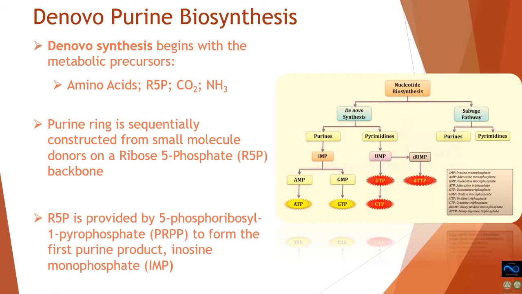Ribose 5-phosphate is donated by the HMP shunt pathway. This ribose 5-phosphate is directed towards the biosynthesis of nucleotides, and here particularly for the purines, by converting it into PRPP, 5-phosphoribosyl 1-pyrophosphate, which is the first product which is then directed to the synthesis of purines by synthesizing inosine monophosphate in the first phase of the biosynthetic process.